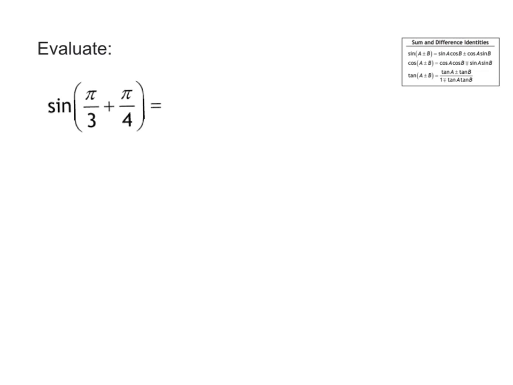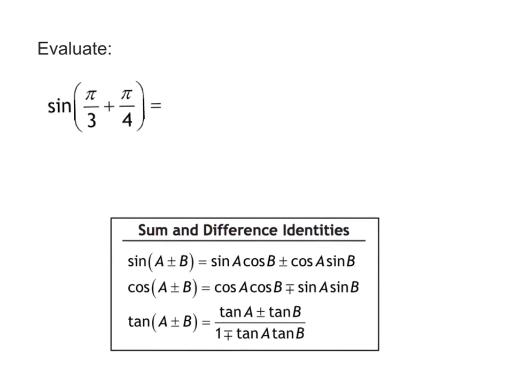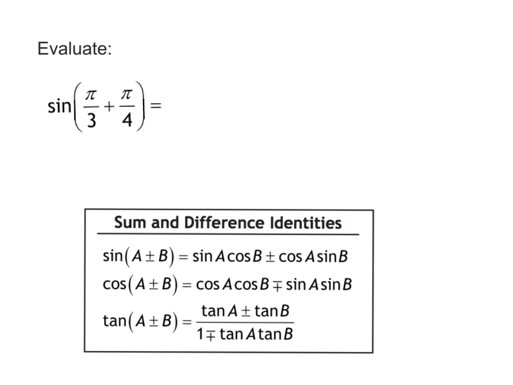And so we need to use the sine sum identity, which is here. So I'm going to rewrite this using that sine sum identity. Basically this is sine A plus B. A is pi over 3, B is pi over 4.